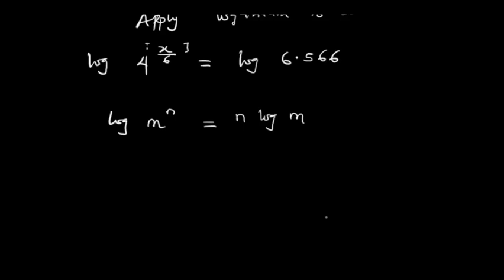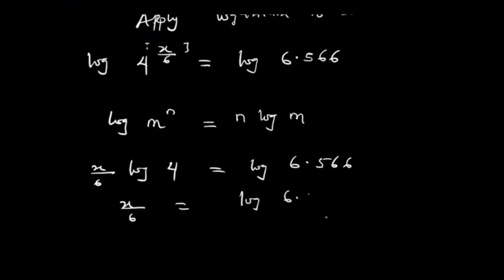So you can say x over 6 times log 4 is equal to log 6.566. So x over 6 is equal to log 6.566 over log 4.